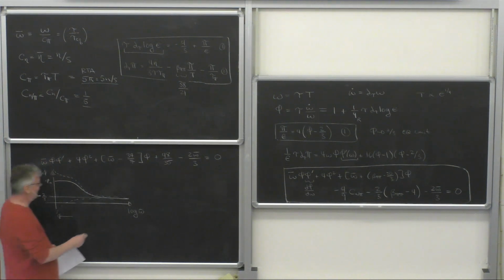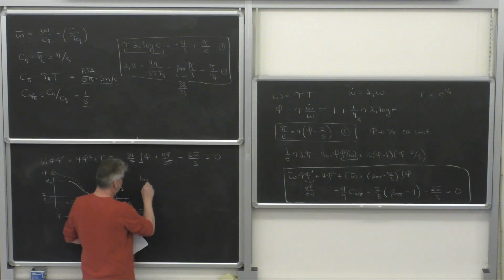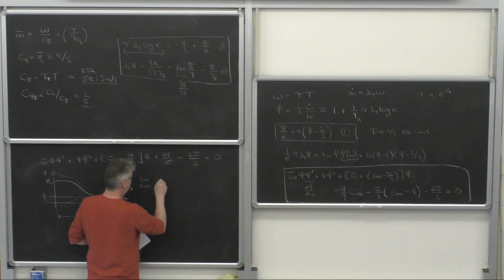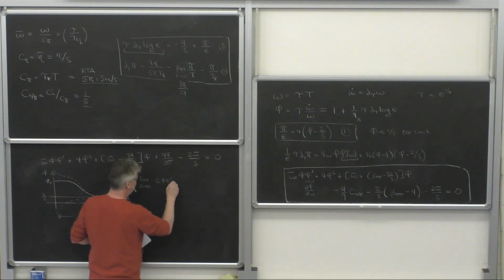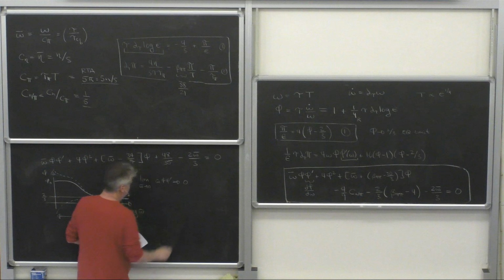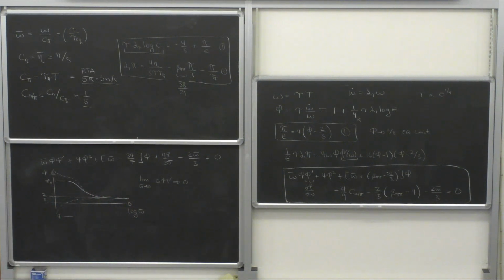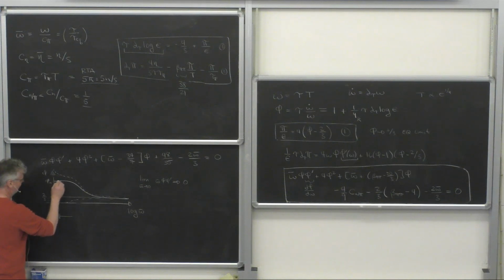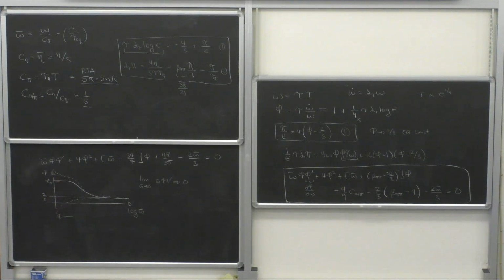So what we're going to require is that in the limit that omega bar goes to 0, omega bar phi prime goes to 0. Now there's a way to make this even more formal in terms of what's called the slow roll approximation, where you say it's 0 plus some order delta or something, you plug it in there and you do it iteratively. But for finding this boundary condition that we need over here, the one that's not divergent, it suffices to just require this.